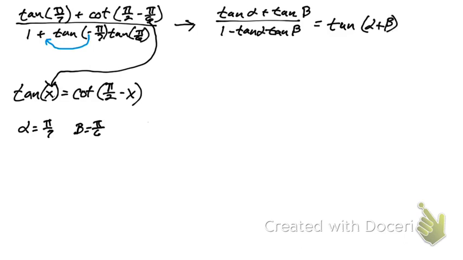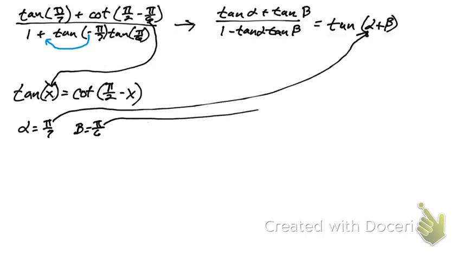So now that I know my alpha and beta, I can plug those values in. And then I would just simplify what's in there. So you would just do pi over 7 plus pi over 6, which if you do correctly would be 13 pi over 42. And then you just leave it at that, because it's not on the unit circle, so you can't go any further.